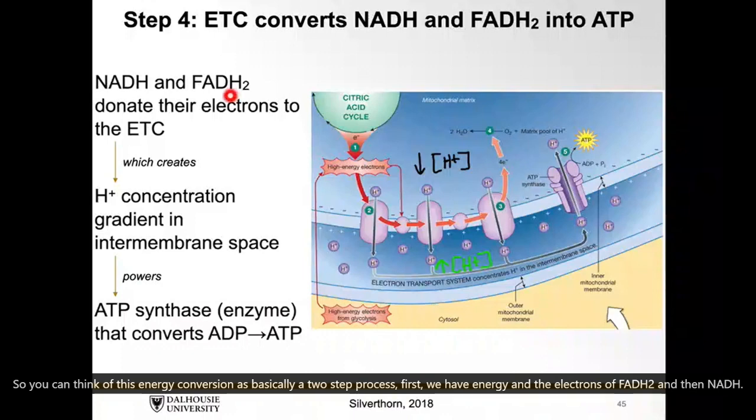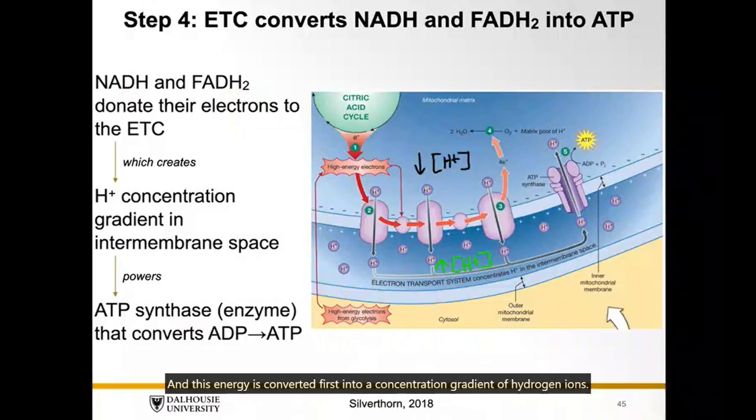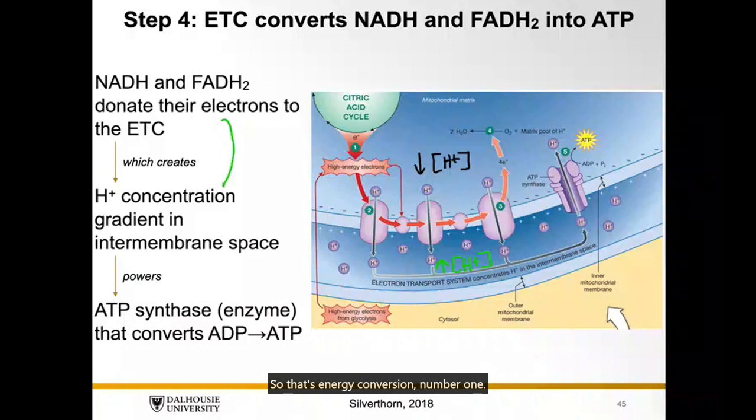First, we have energy in the electrons of FADH2 and NADH, and this energy is converted first into a concentration gradient of hydrogen ions. So that's energy conversion number one.